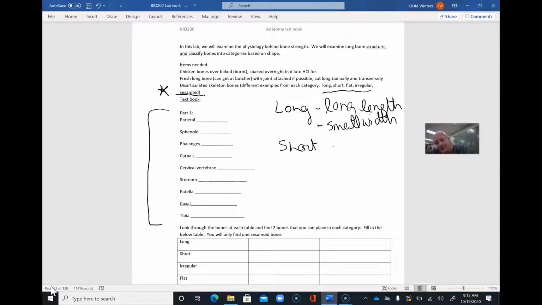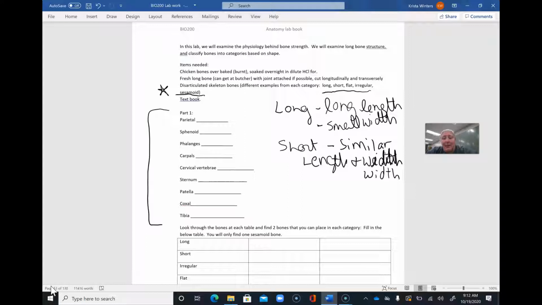Short bones have similar length and width. Let me write that here: width. So carpals and tarsals tend to be short bones.